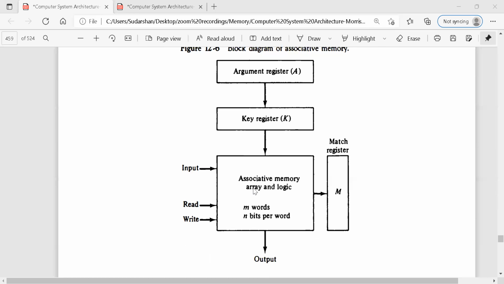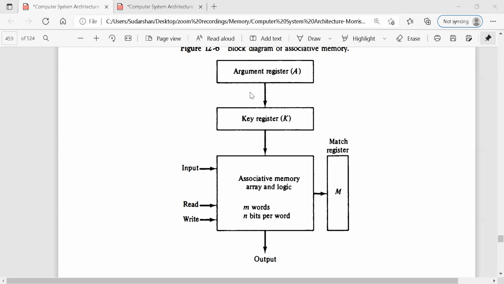And then we go for the associative memory array and the corresponding logic. It has got m words, n bits per word. So the argument register stores n bits, the key register stores n bits. That's for the masking purpose. You can compare all the bits of the argument register with each and every word present in CAM, or you can compare only a portion of the argument register.